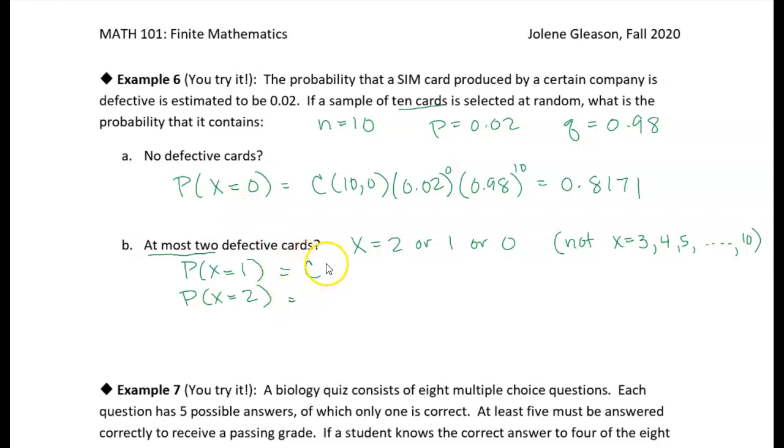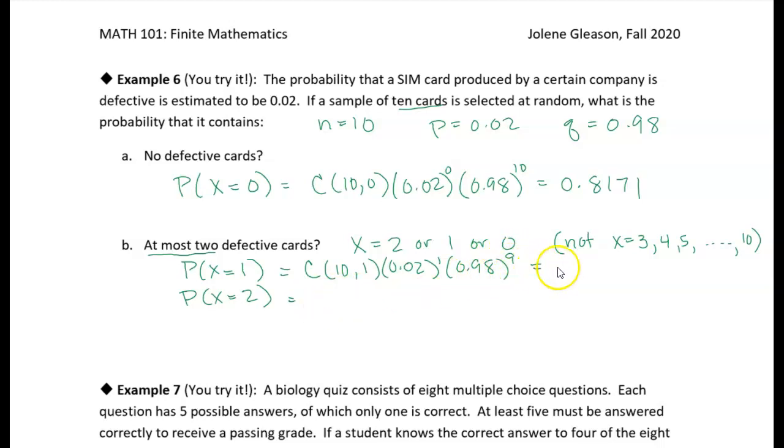Okay, so I'm going to just use my formula. 10 choose 1 times 0.02, be careful, 0.98 to the 9th power.